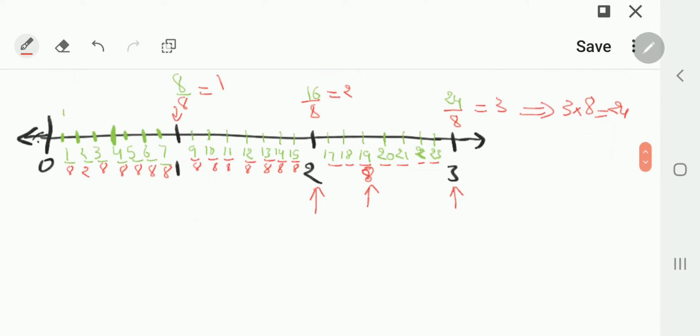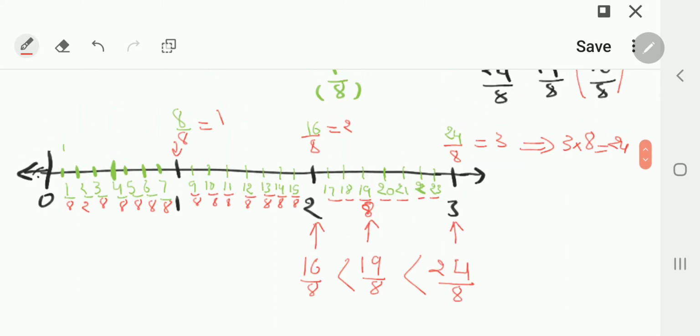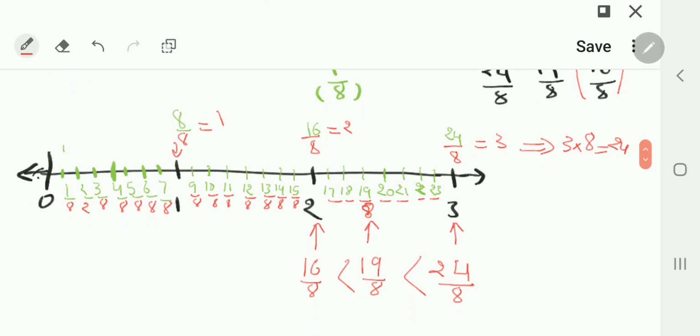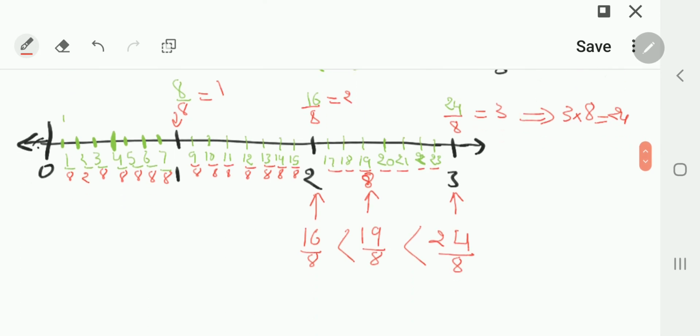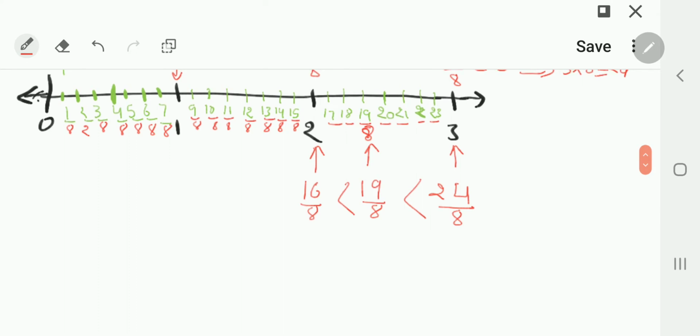Very good, very good. So then I can say that 16/8 is less than 19/8 and 19/8 is less than 24/8. Very good. So all of these now, it's easy because we are just using the same unit fraction, right?